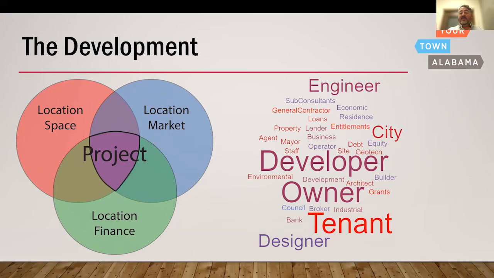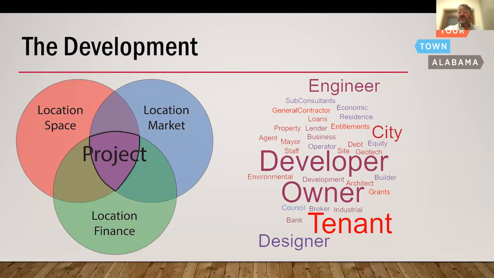From city councilmen to lenders to operators to geotechs to designers, all of those relationships begin to play that role. No one person generally plays all three roles, and no one person has all that expertise in-house. So you have to start building your team. You have to start adding other people to this equation to pull these deals together.